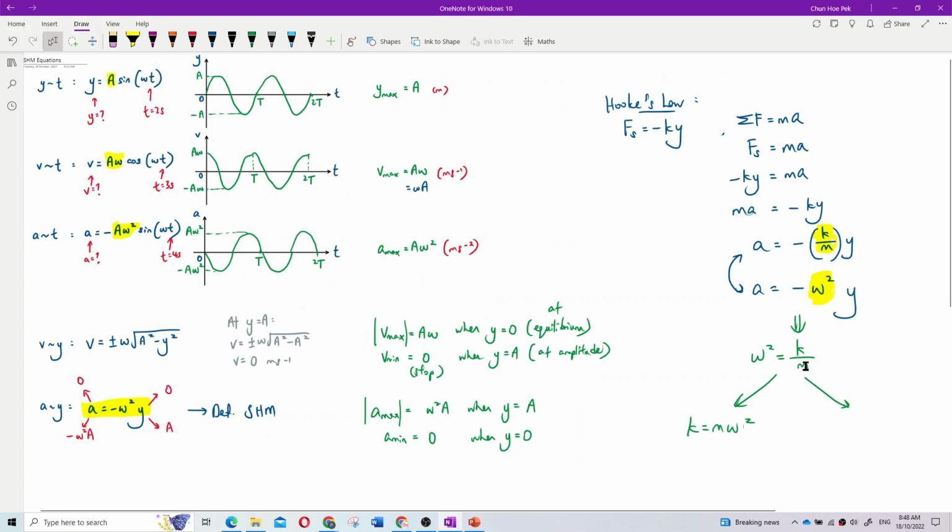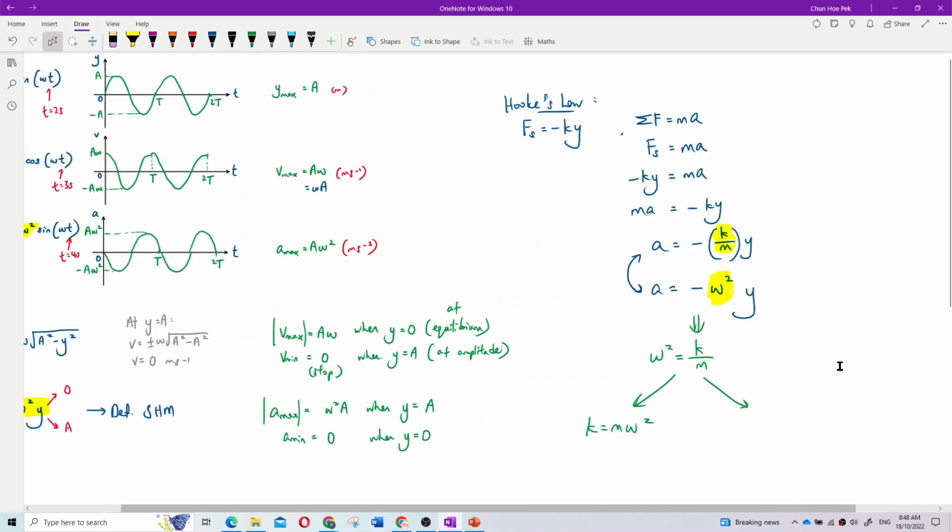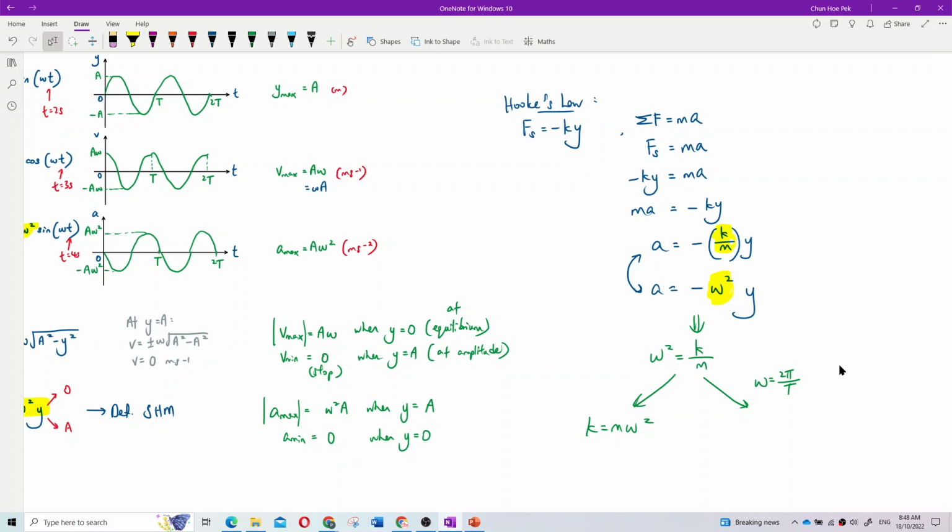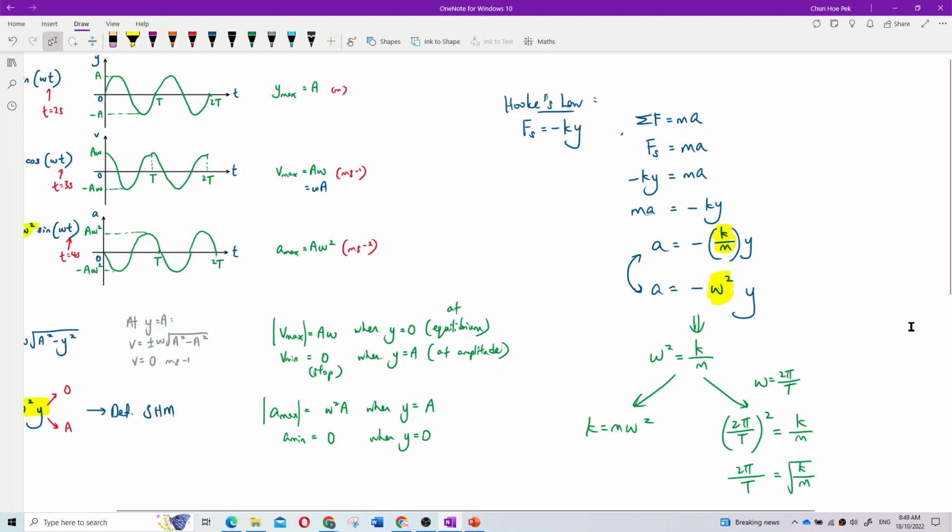The other thing I want to show you is that omega actually is 2 pi over period. Correct or not? So we substitute that, 2 pi over period, into the omega. Then we square root both sides, we get this.